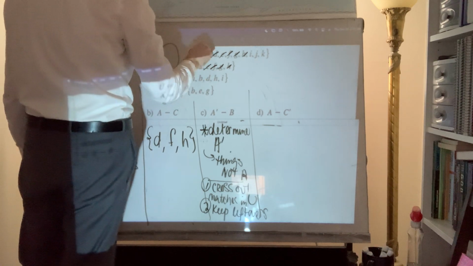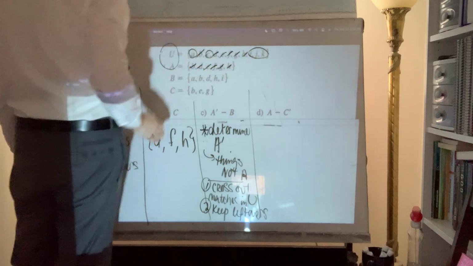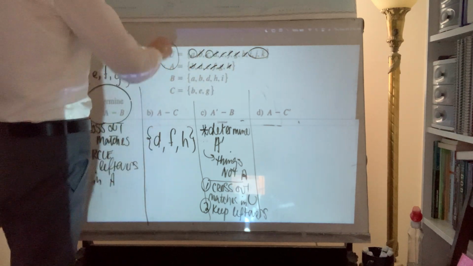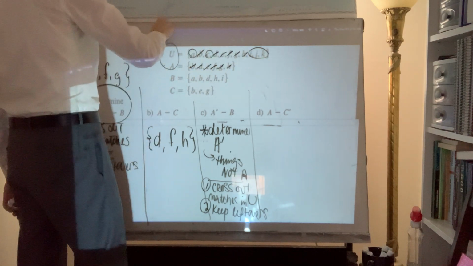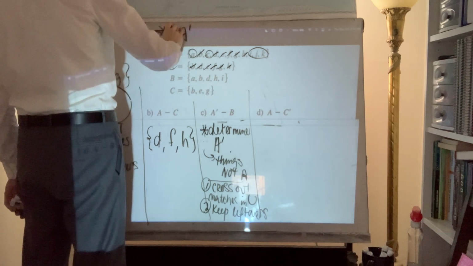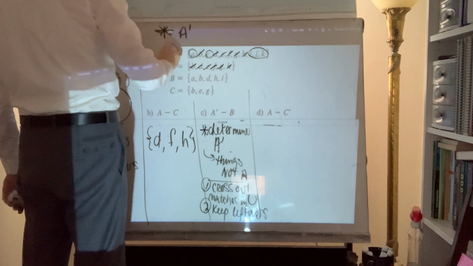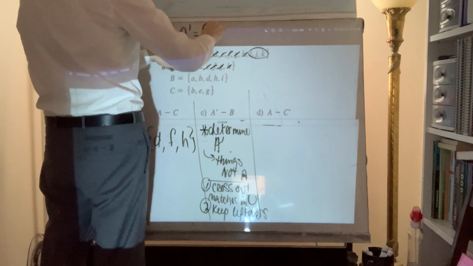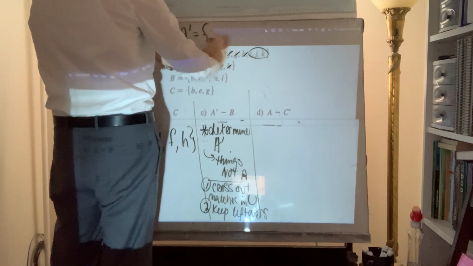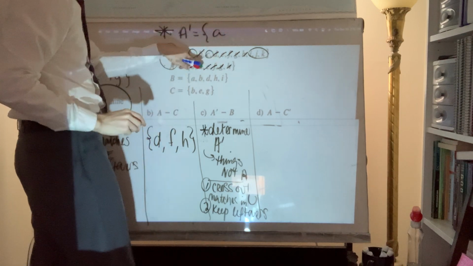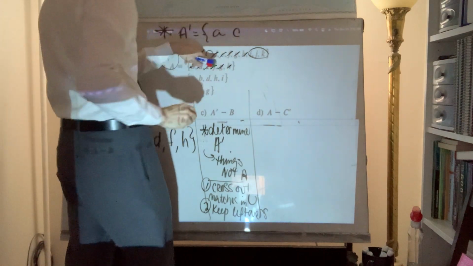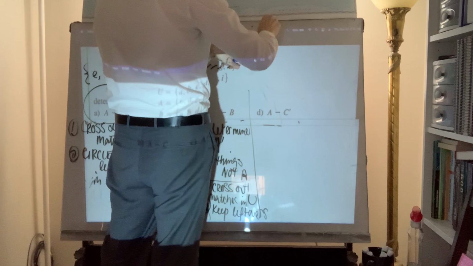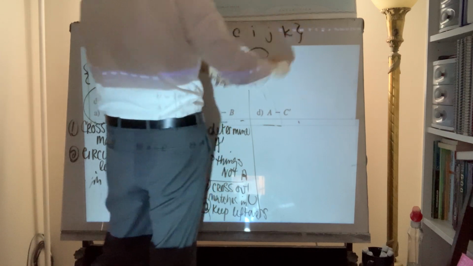You have A, you have C, I, J, and K. So to add to this list here, A prime, the complement of A, things that are not A, is equal to A, lowercase, C, and I, J, and K.